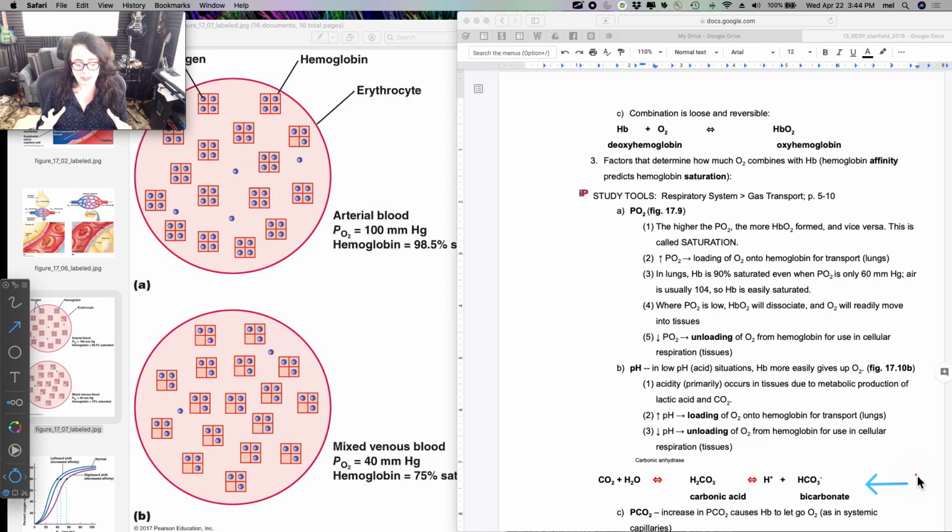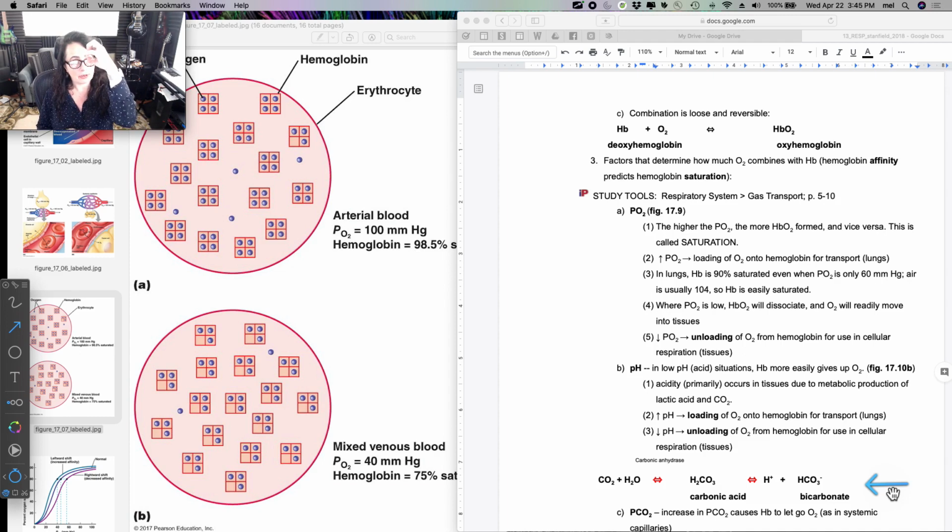So with that in mind, which capillary bed, pulmonary versus systemic, do you imagine will tend to have a lower pH? Again, as carbon dioxide goes up, H plus goes up because of this bicarbonate equation. And as H plus goes up, pH tends to go down.